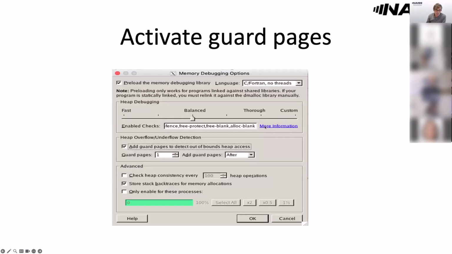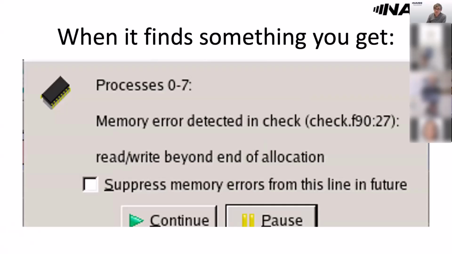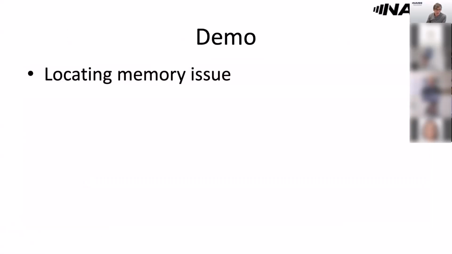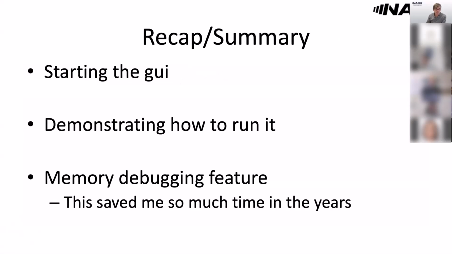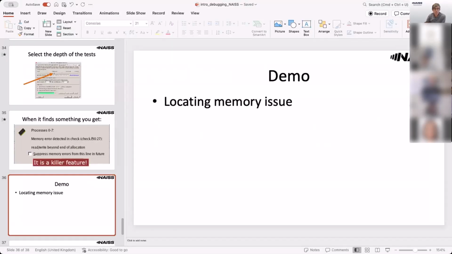So to activate that, you click here at guard pages. You can select how many guard pages you want. So here it's selected one and it's placed after. You can, as I said, alternatively choose to have it beforehand in the separate run to check for underrun array data structures. And when it finds something, you get something like that. And in my experience, it's a killer feature.